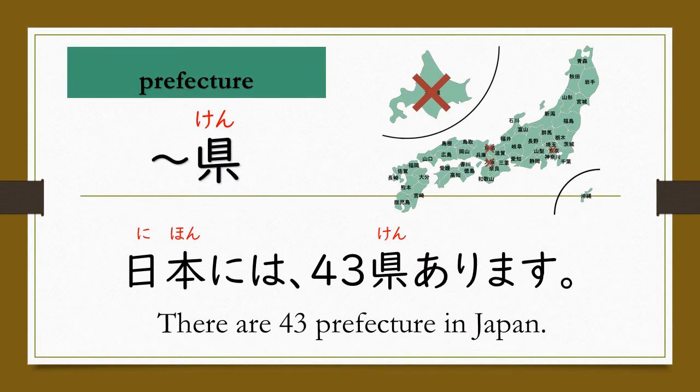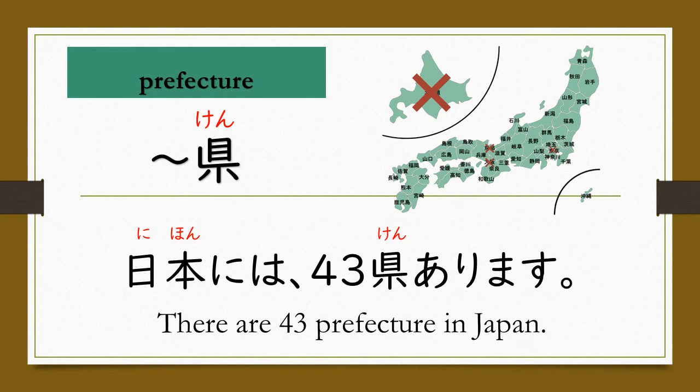Words and expression. Prefecture means ken. For example, look at the map. Except the X marks, all of them are ken, like Oita ken, Okinawa ken, Toyama ken. Expression. 日本には43県あります。There are 43 prefectures in Japan.